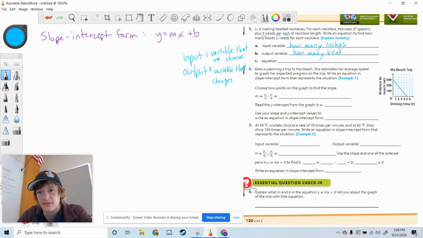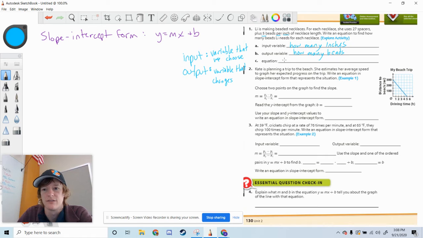If I do a 1-inch necklace, it's already going to have 27 spacers, and there's 5 beads per inch. So 1 inch adds 5 more. 2 inches would add 10 more. 3 inches would add 15 more. So our input is how many inches. This is what we are going to choose. How long do I want this necklace to be? And depending on how long it is, that chooses how many beads it'll have.